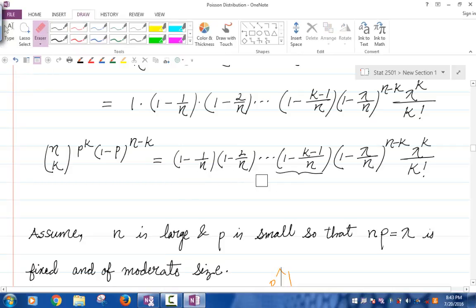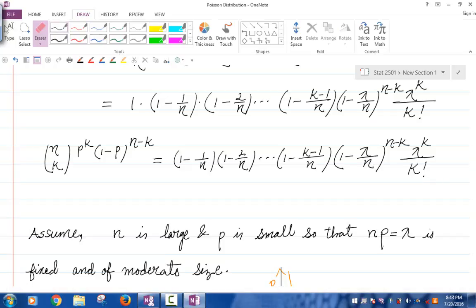And we know that this factor has limit e to the negative lambda as n goes to infinity, from the previous video, and this factor does not depend on n, so it stays the same as n goes to infinity.